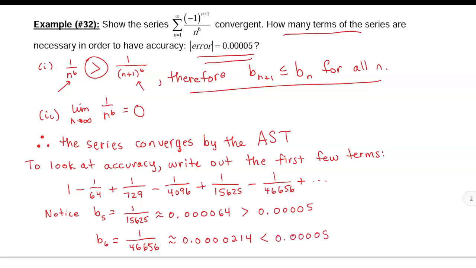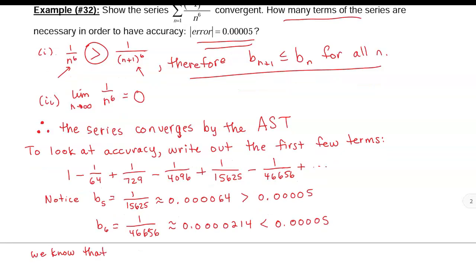If you read the alternating series error-bound theorem, we know that the error-bound is the difference between the actual sum and the partial sum we're looking for. We're looking for the fifth partial sum in this situation.